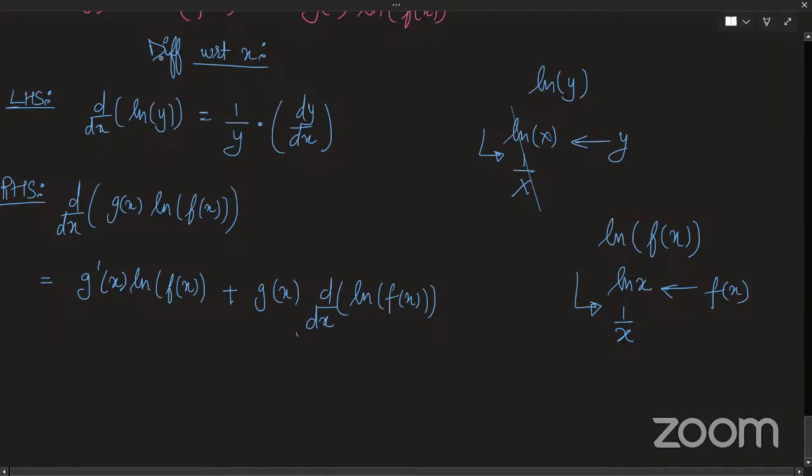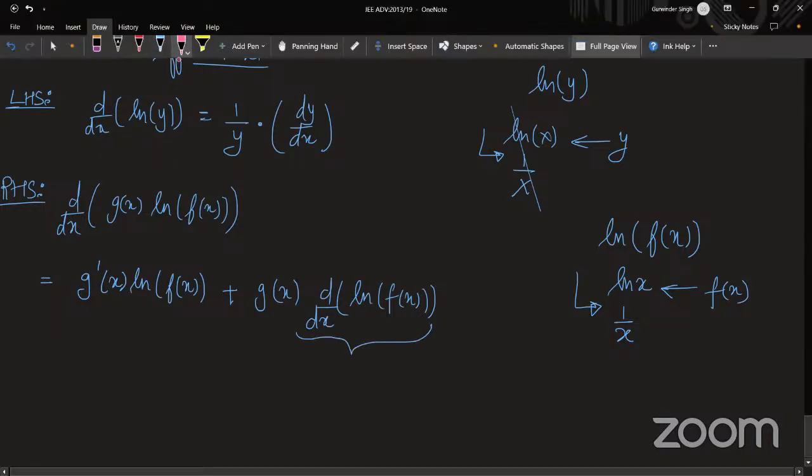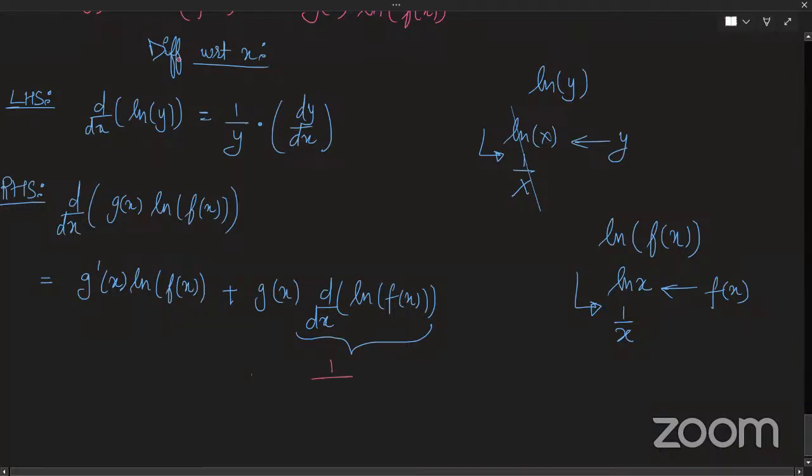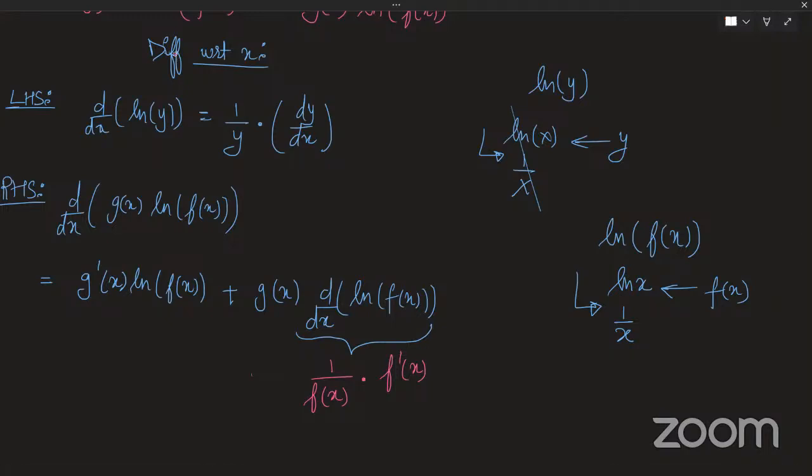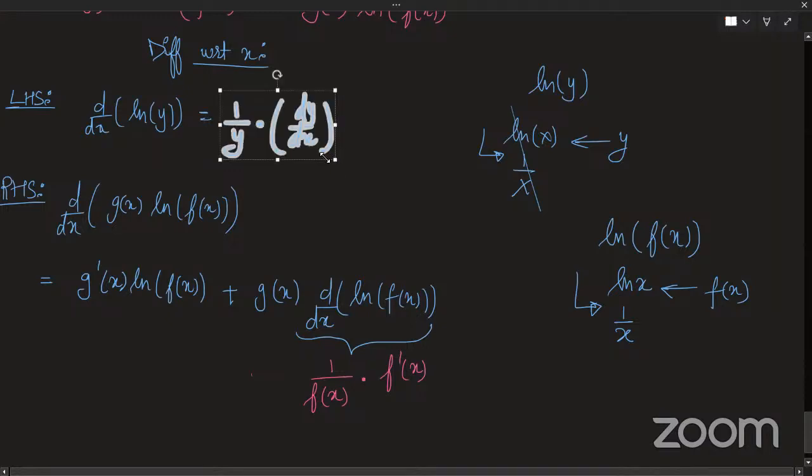Fine. So can you tell me what will be the first term that I write over here? 1 by f of x into f dash x. Great. Is this correct, everyone? Yes, sir. So let us equate both my left hand side and my right hand side. I'll just do that in a minute.